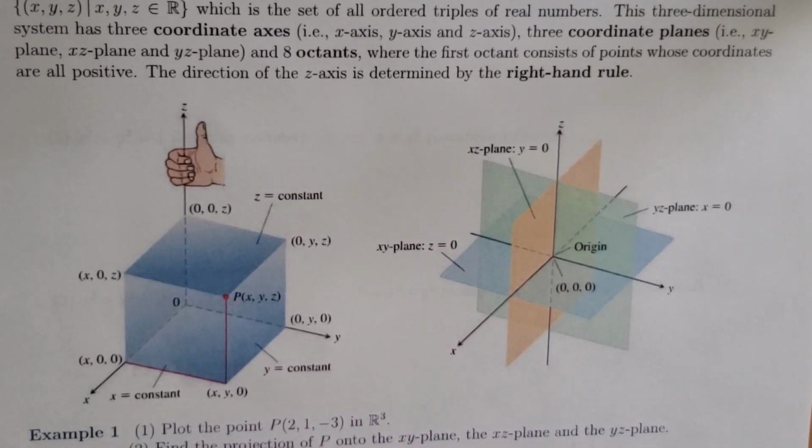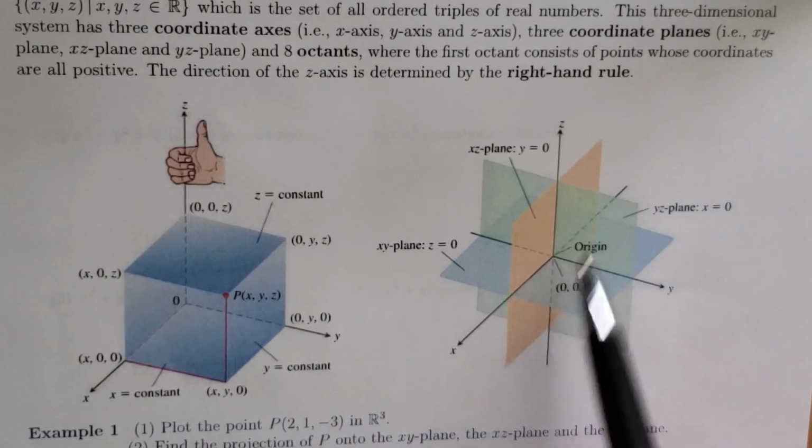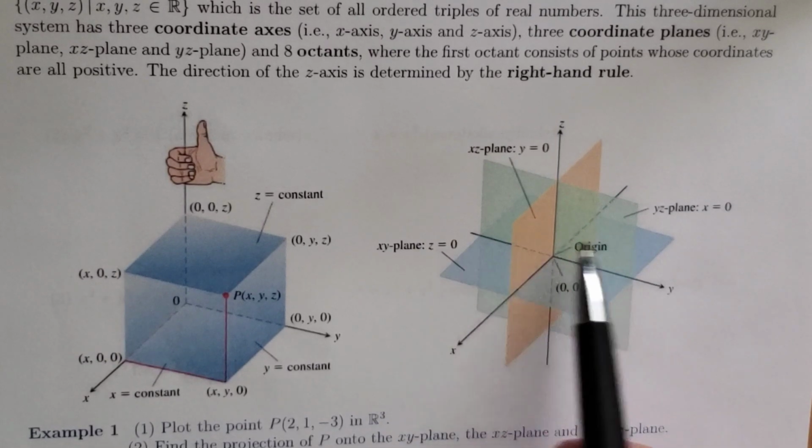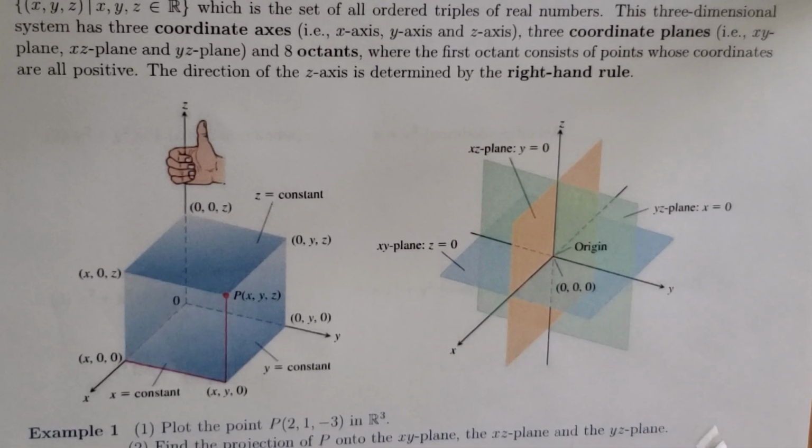So this is how we draw our standard coordinate system with z straight up and x in this direction, y here. We also have a picture here of a few planes in our 3-dimensional coordinate system.